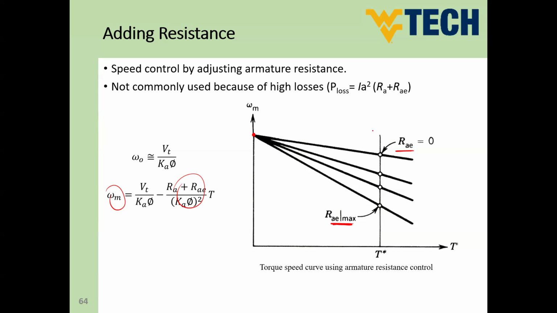So does it mean we do prefer to use rheostat in starting? My answer to this question is going to be no, we don't prefer it also, because it makes more sense to have one device to control your machine during starting and speed control. We are not going to buy a device to control my machine during the transient period and another device to control the machine during the steady state period.